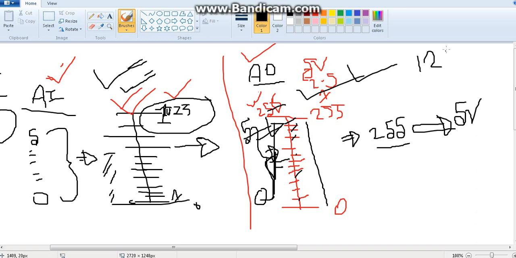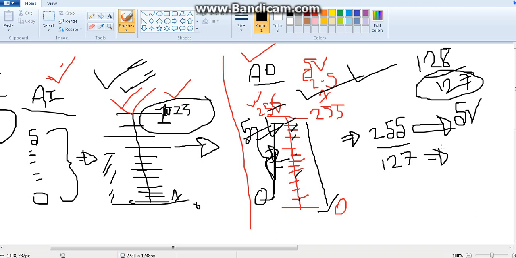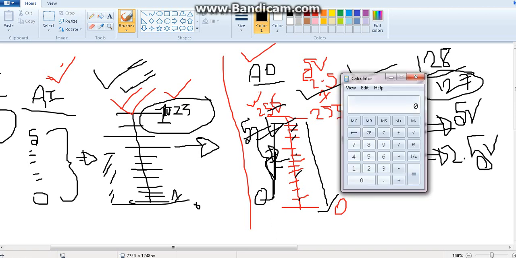Since it's starting from 0, I have to give 127 as the value. You know these things from the analog input. So if I say analog output of 127, Arduino will obviously give 2.5 volts on that particular pin.